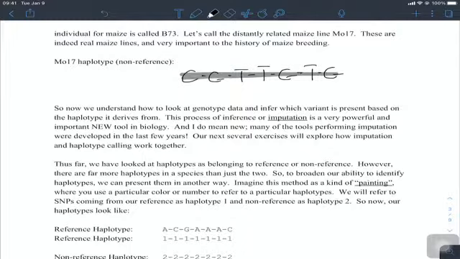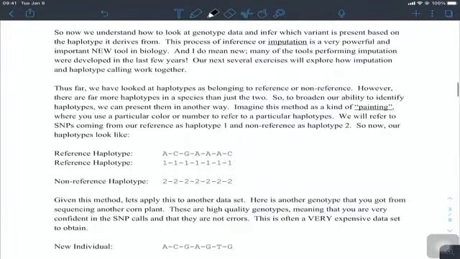So we are going to be operating on the assumption that you're going to get likely one, at most two recombination events in a single haplotype, particularly for this lab, and therefore missing pieces can be imputed based on the context of the paint around them. So what exactly do I mean by this?